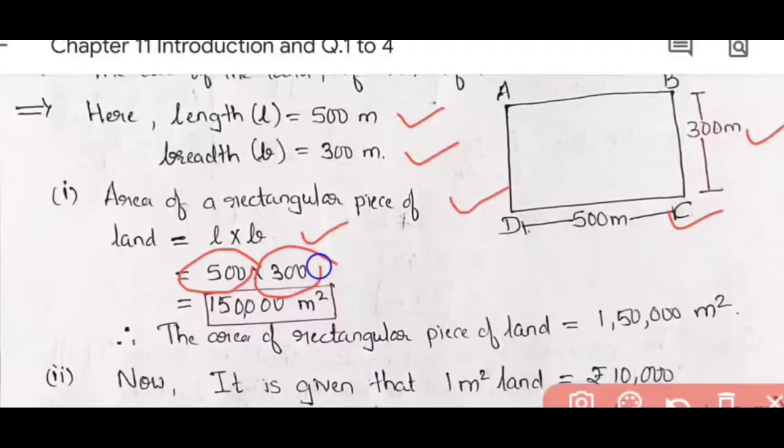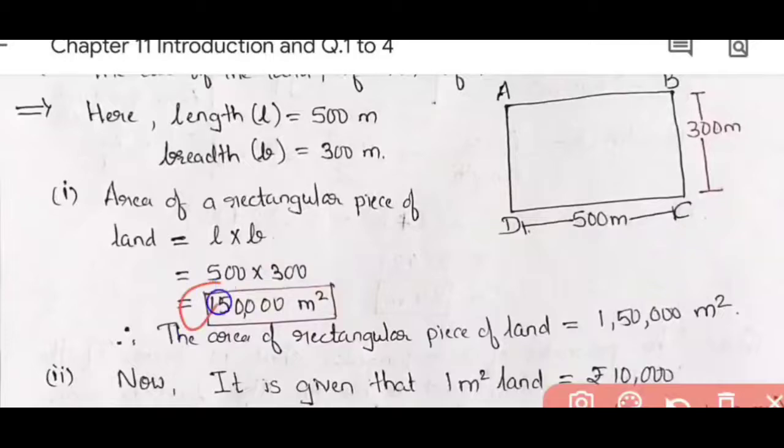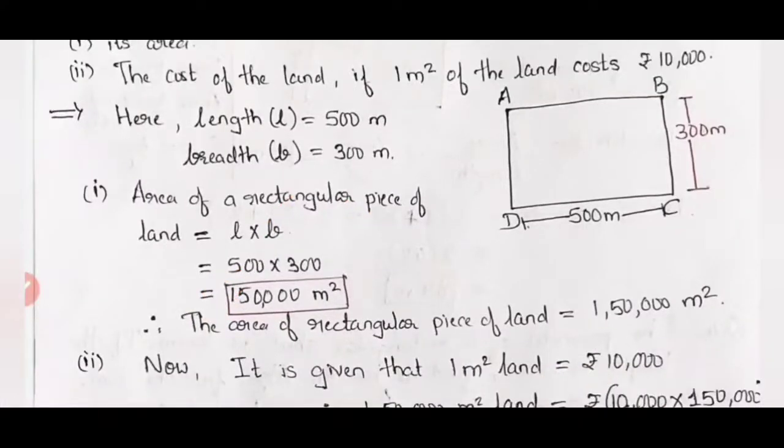Then I will multiply both of them. 5 3s will give me 15, and then I will add 4 zeros. So it will give me 1,50,000. Hope you have understood. Now moving to the second question.